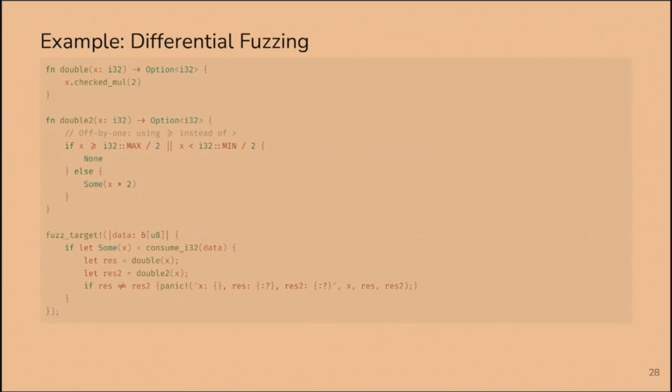But i32 max divided by 2 is a valid value, because if you multiply it by 2, it gives us a valid value for a signed i32 number. So if you do differential fuzzing on these two functions, we will find the input that diverges, which is actually just 1, the i32 max divided by 2.